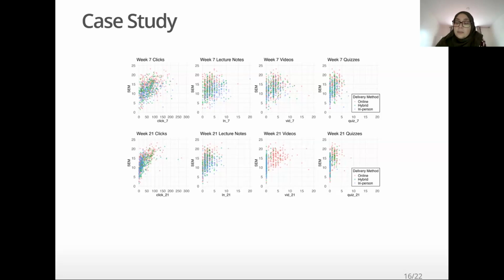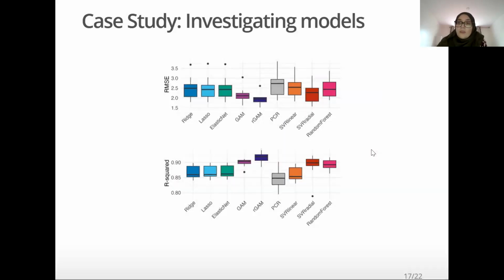And we will make use of some machine learning models to investigate whether we can find patterns between the clickstreams and the online metric. So here we have tried several models, like the Ridge, Lasso, ElasticNet.